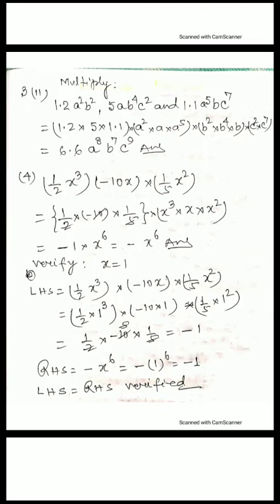Now calculate it, you will get minus 1. RHS equal to minus x raised to the power 6, the value of x is 1, 1 raised to the power 6, so equal to minus 1. Now LHS equal to RHS, so verified, your answer is correct.